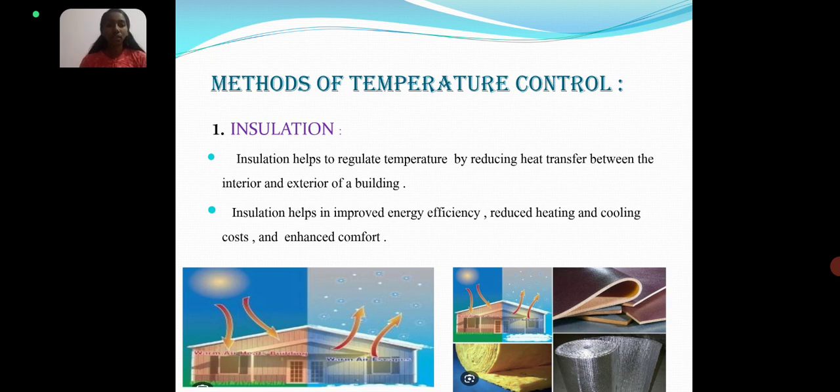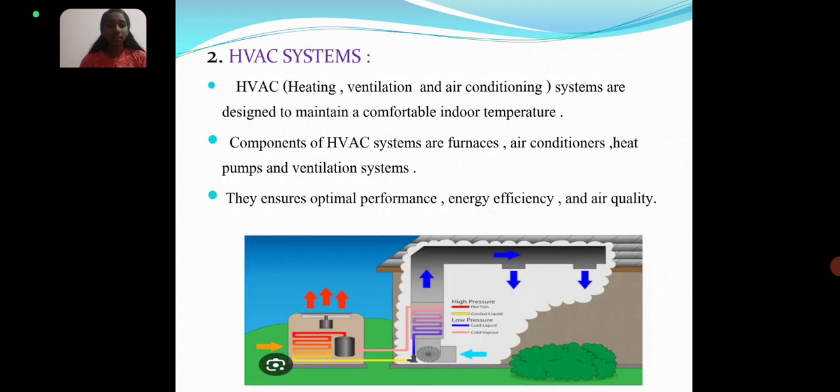In this picture, we can observe how the heating and cooling effect is taking place in a building during the day and night. This is because of the insulation used in the roof. Now let's move on to the second method, that is HVAC systems, that is heating, ventilation and air conditioning systems.